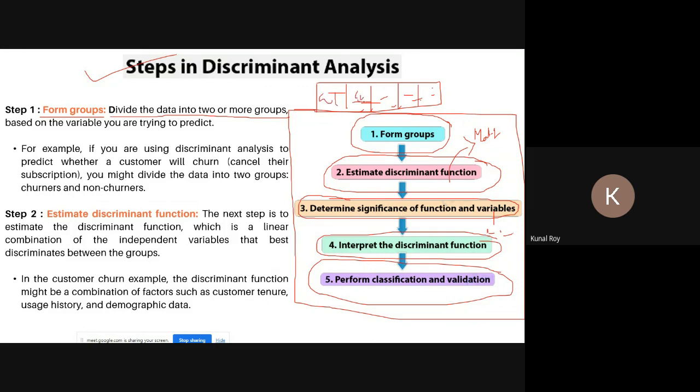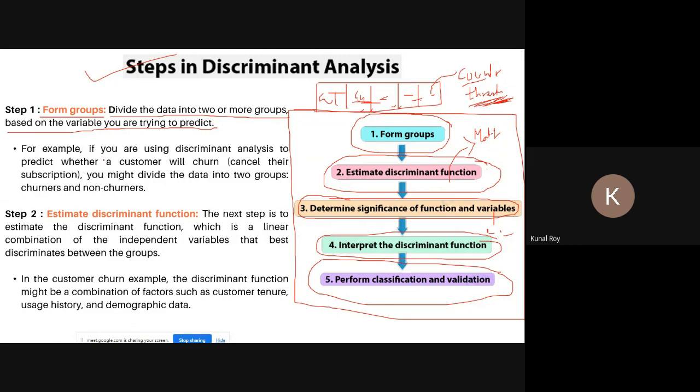It can have many groups, group 1, group 2, group 3, based on a variable that you are trying to predict. Now we have to take a counter variable, that means a threshold. Based on this threshold, we are going to separate this data into various types of groups. So the first and foremost step of discriminant analysis is to form groups using a variable.